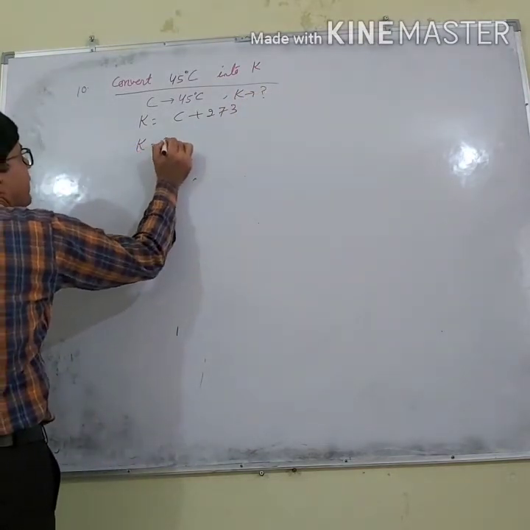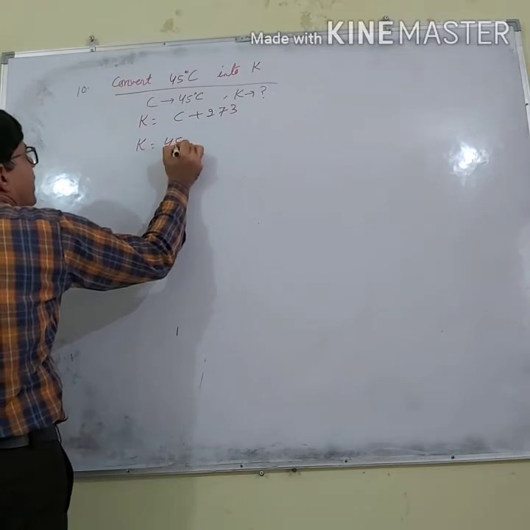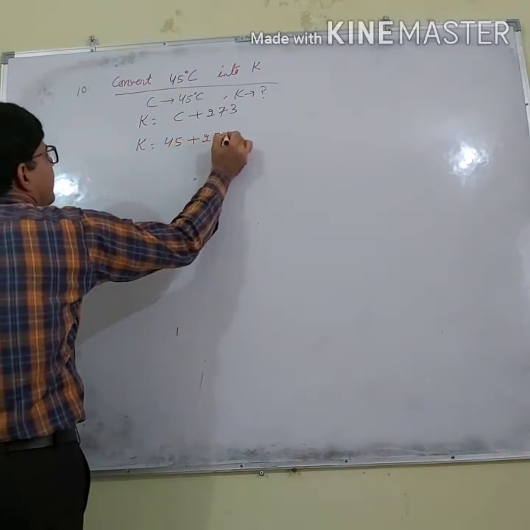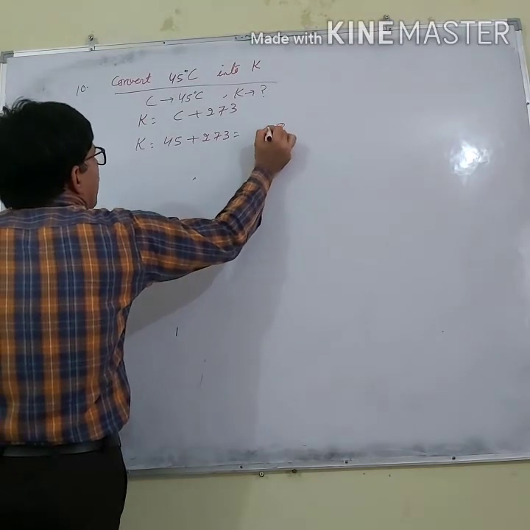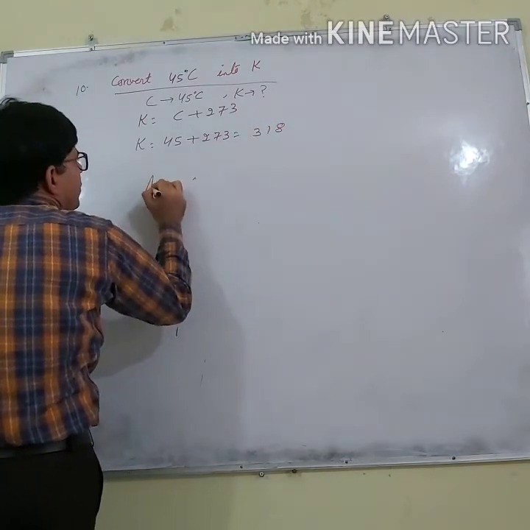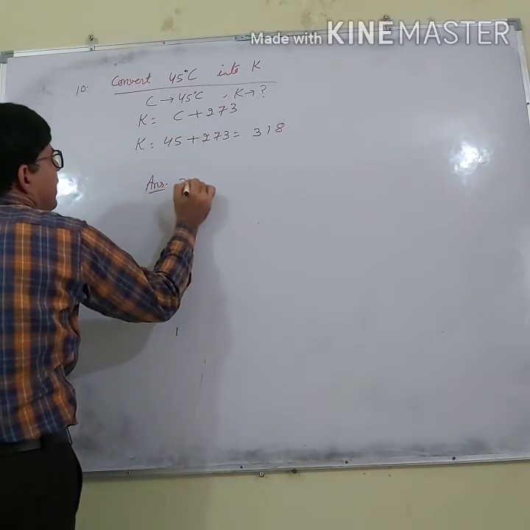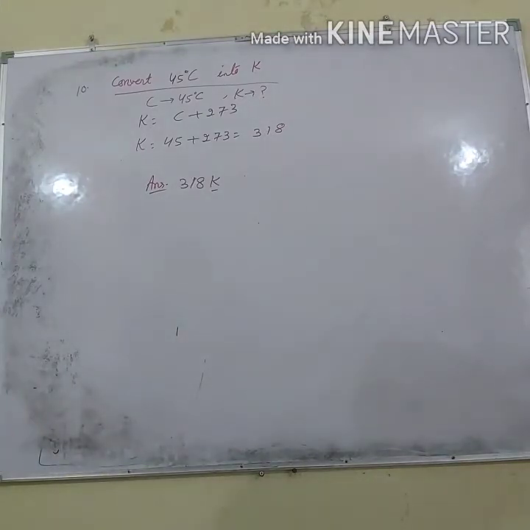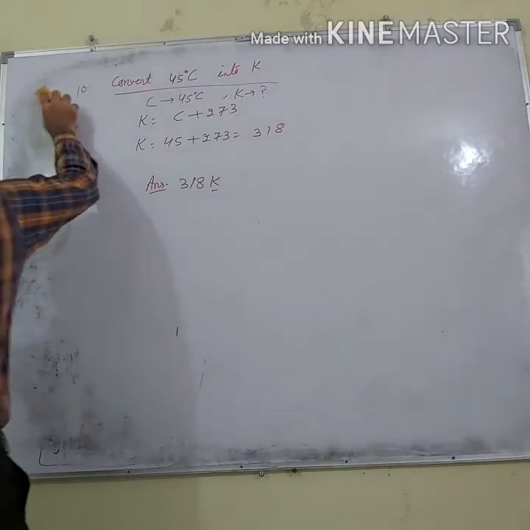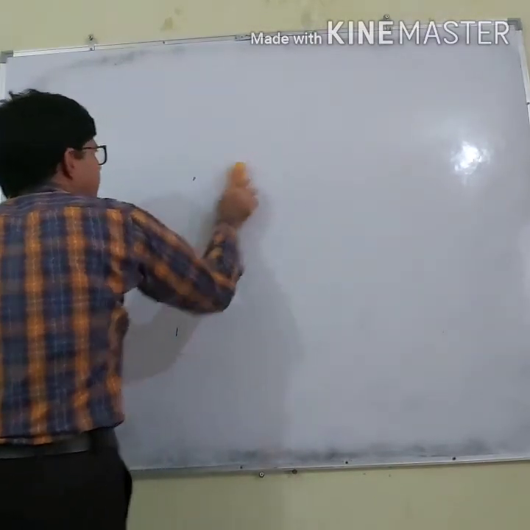So K is, C is 45 plus 273. How much is this? 318. So answer is 318 Kelvin. Now let's move to the next conversion. 12th one.